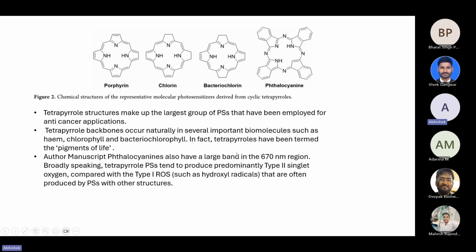Phthalocyanine also has a large band in the 670 nanometer region. Broadly speaking, these tetrapyrrole photosensitizers tend to produce predominantly type 2 singlet oxygen compared with type 1 reactive oxygen species, which are more often produced by photosensitizers with other structures.